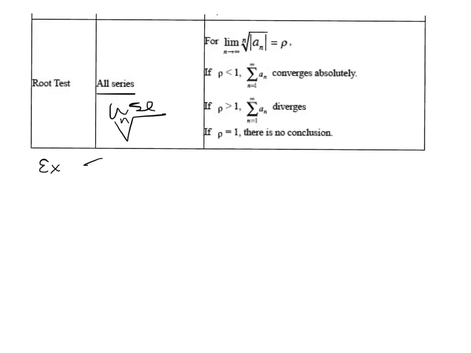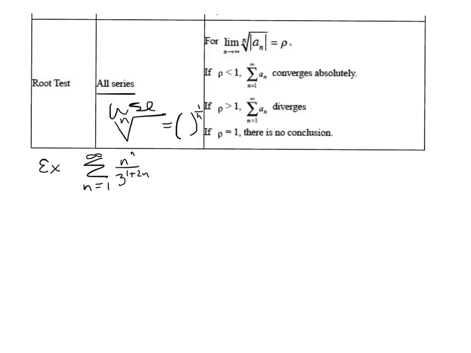All right, so let's see, I think I can do an example here. Let's look at the sum from n equals 1 to infinity of n raised to the n all over 3 to the 1 plus 2n. Now, I want to use this because it's raised to a root n, which really means something raised to the 1 over n.